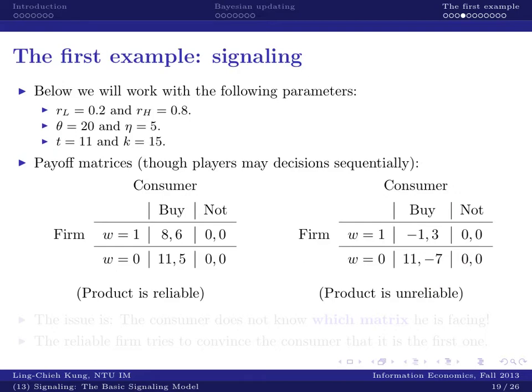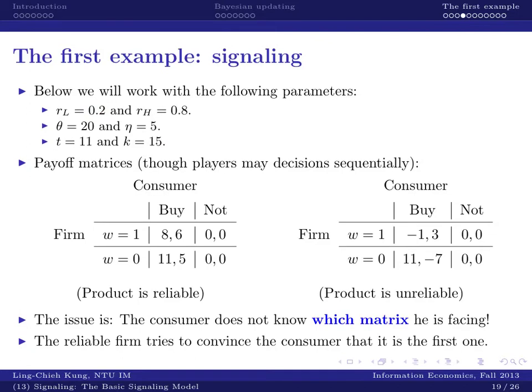Because this is -1, we can see that it is indeed unprofitable for the manufacturer here to offer the warranty plan, because it is too costly to pay this repair cost. But the issue is that the consumer does not know which matrix the consumer is facing.